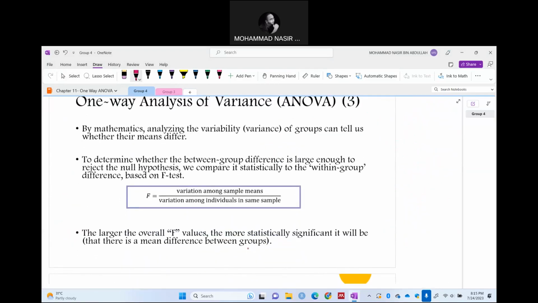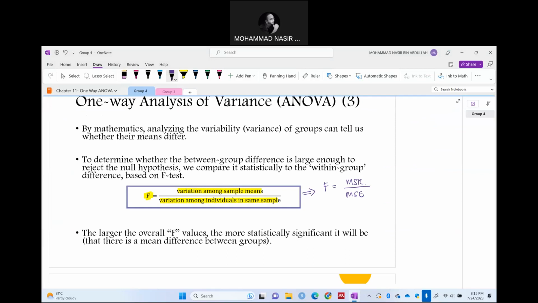In ANOVA, we are applying the F-test. The F-test is the variation among sample means divided by the variation among individuals in the same sample. In the ANOVA table, we already learned in chapter number 10 that F is equal to mean square regression divided by mean square error. This is calculated in multiple linear regression.